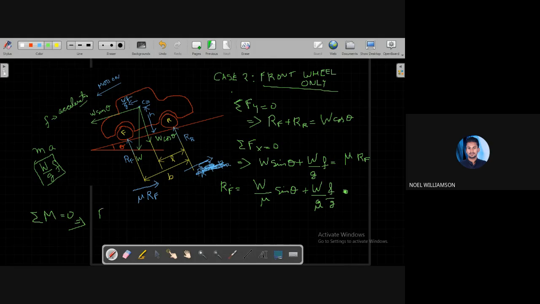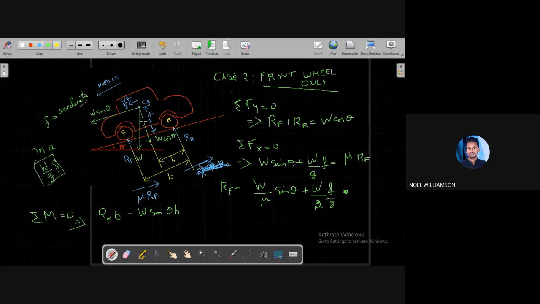That is RF into B. Next, W sin theta, which is at a distance H. So W sin theta into H, which is counterclockwise. So minus W sin theta into H.